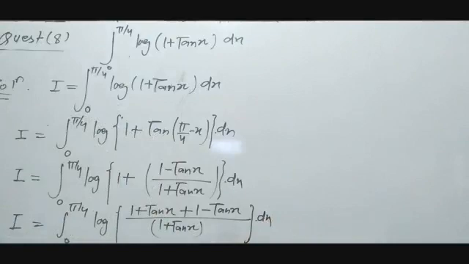And now minus tan x and plus tan x will cancel out from numerator. So in numerator result will be 2.